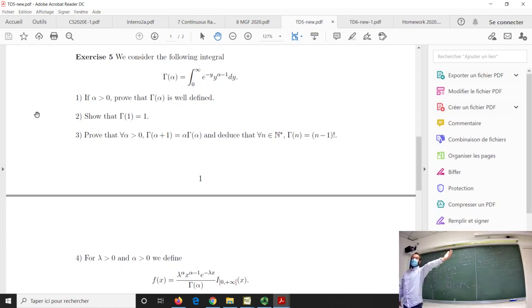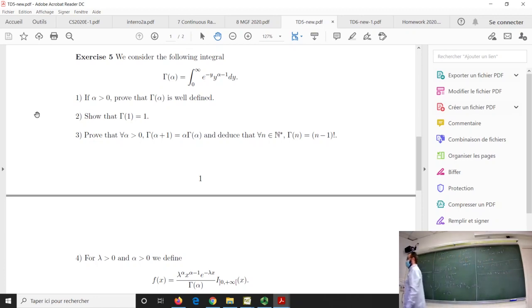So we are going to suppose the property true for n, and we are going to prove it for n plus 1. So suppose that gamma of n is equal to n minus 1 factorial.